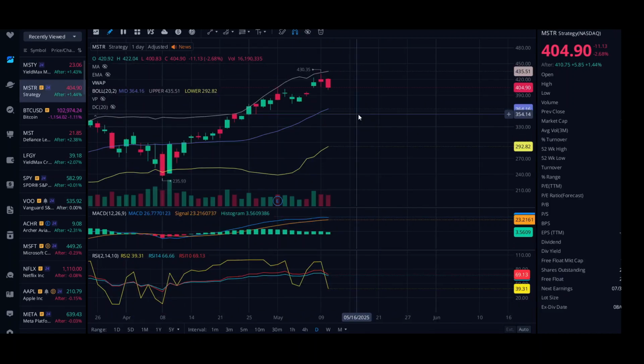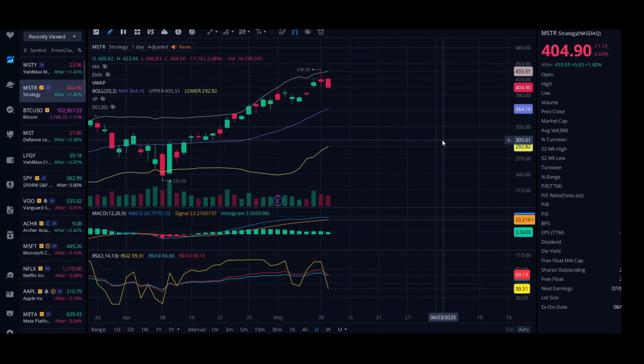So as far as my buy points, I am looking personally for the stock price to get below the mid, and I prefer it to be closer to the bottom of the Bollinger Band. But in this area, for me, that could be a buy point. I look at the Bollinger Band, I look at the RSI, and I'll also take a glance at the MACD.